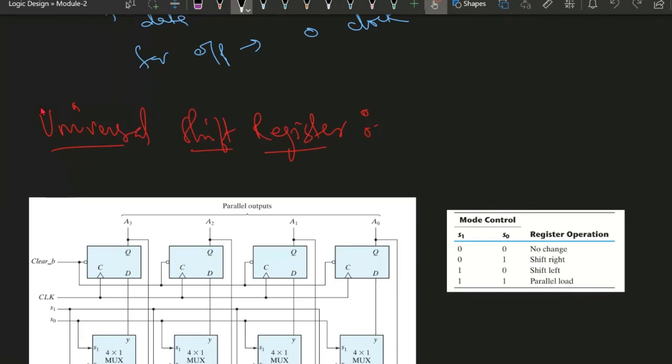Here we will be going to consider the universal shift register. Before going to see the universal shift register, we will first look at what shift registers are. Shift registers are made up of different flip-flops, or are considered to be a group of flip-flops.